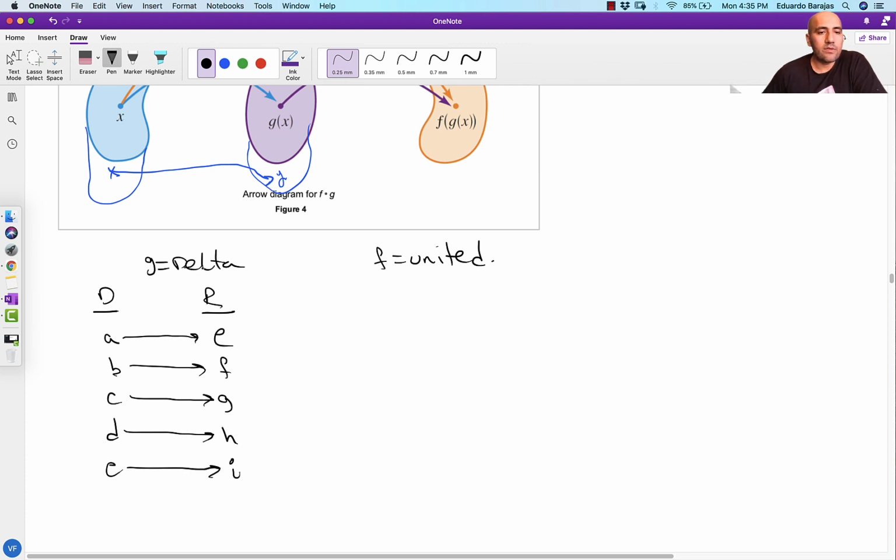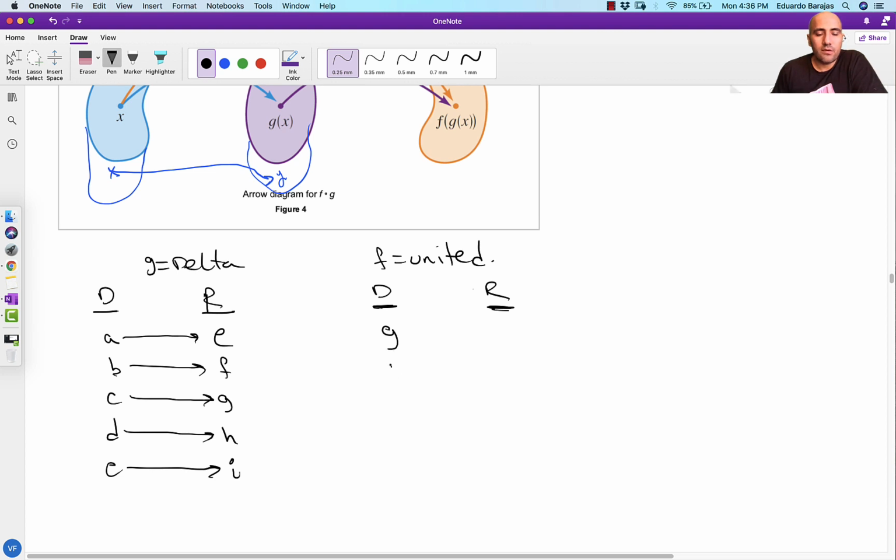So in my little example, this is Delta Airlines. These are a bunch of cities where they operate from. They can take off from there and they can land in these other cities. And then I have United, and it's got its own domain and range. So maybe there's a bit of an overlap.